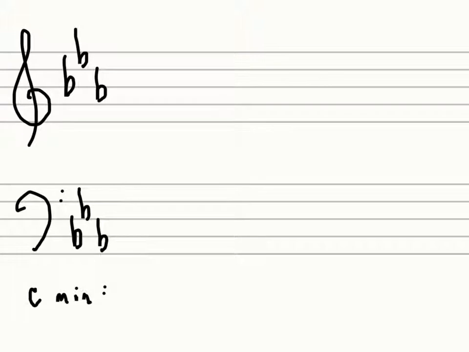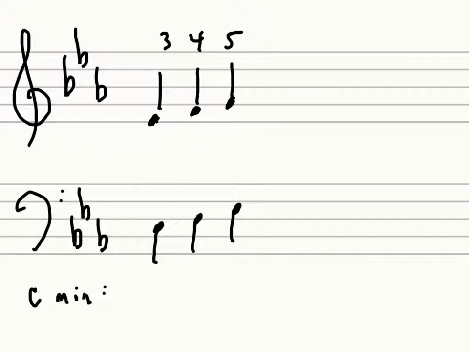For example, in this case in C minor, if we imagine a melody that goes scale degree 3, scale degree 4, scale degree 5, and a bass that goes with it, we've learned that we can have a 1, a 5-4-3, a second inversion 5-7, and a 1-6.